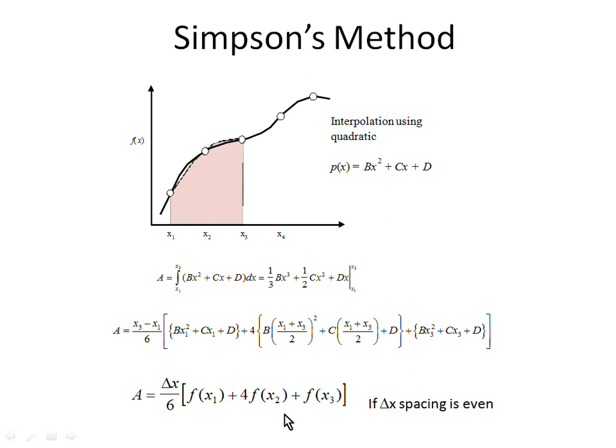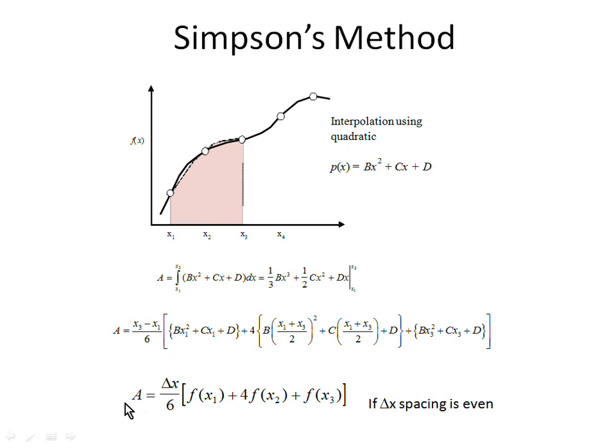And if delta x is indeed constant, then we can recognize this as f, the function evaluated at x1. This guy would be the function evaluated at x1 plus x3 divided by 2, which would be just x2. And this will be f of x evaluated at x3. Okay?